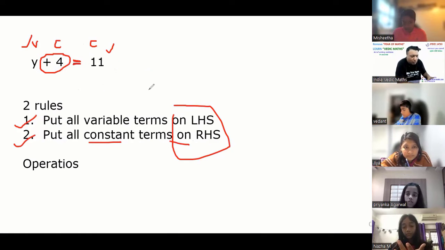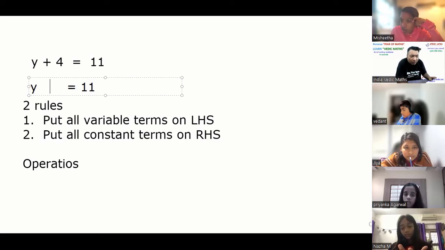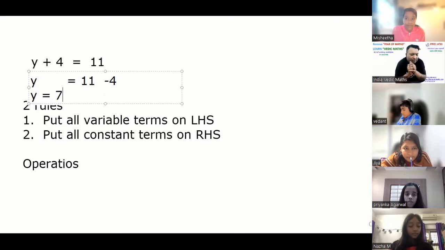Correct? In the next equation, y will remain here, 11 will remain here, and this +4 from left to right side becomes -4. So now y equals 11 minus 4, so y equals 7 is the answer. The question was why we moved: because we wanted to get only the value of y.